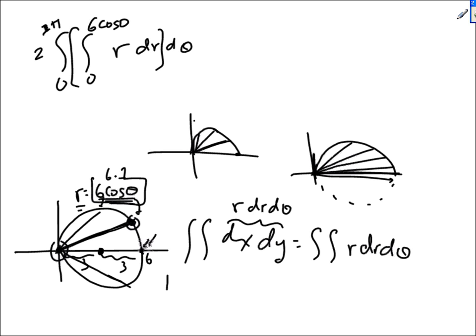So the area is going to be pi times the radius squared. If you work this out, you better get 9 pi. So working it out is nothing more than integrating with different letters.